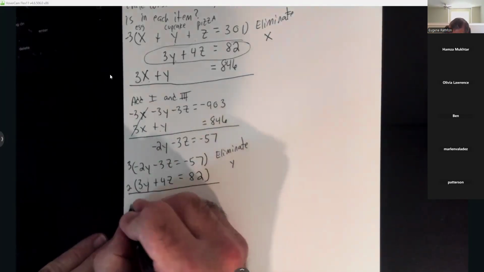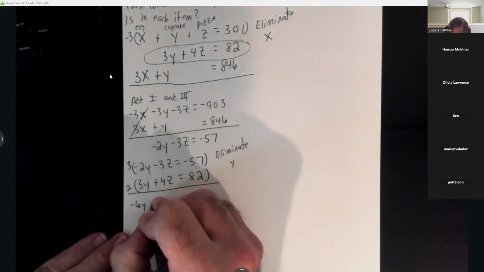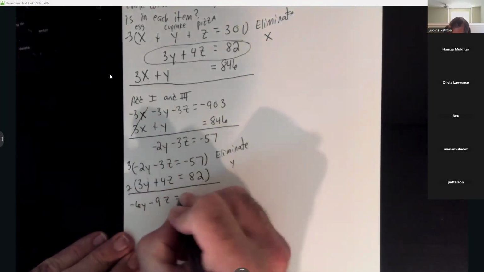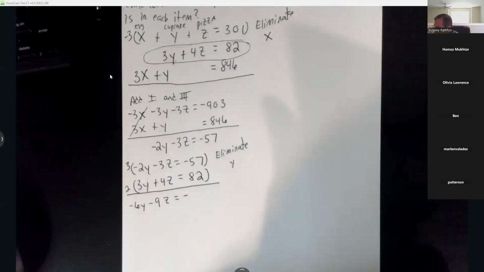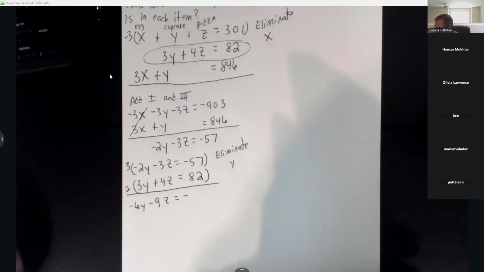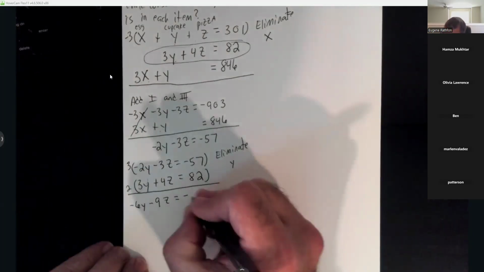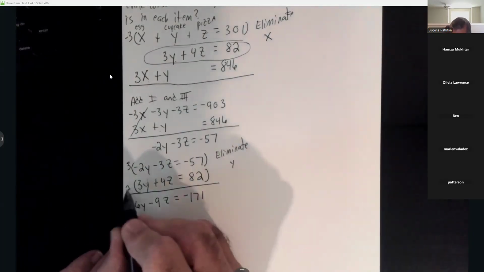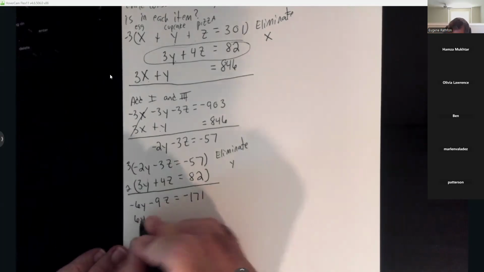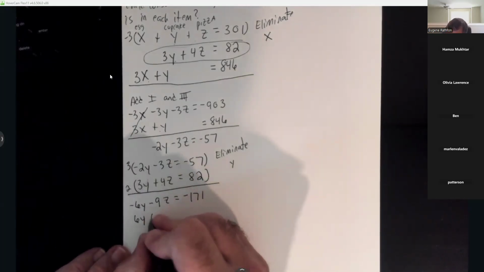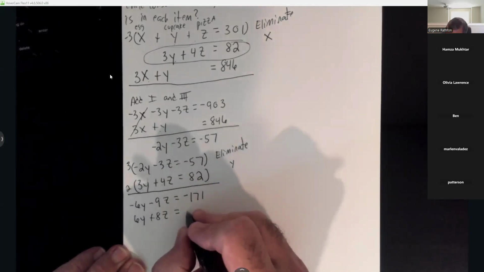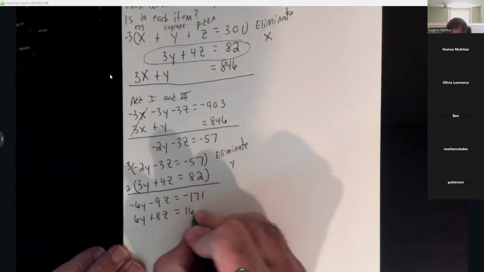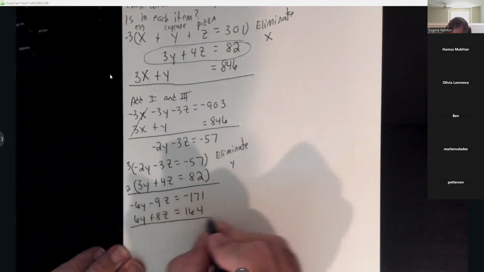All right, so I get -6y minus 9z equals a negative, oh, I think that's 171. Yep, -171. This gives me a +6y, +8z, and then 2 times 82 is what? 164.